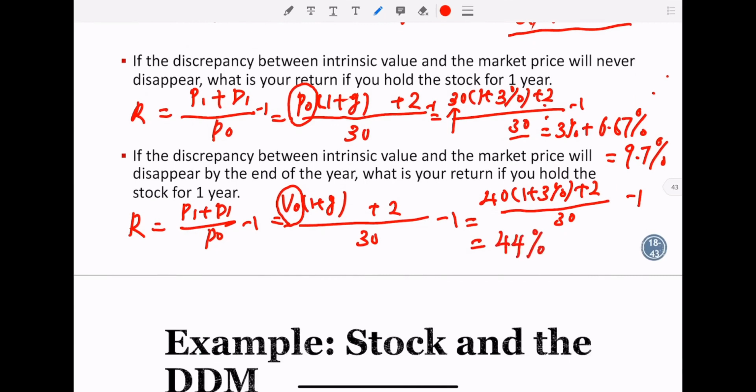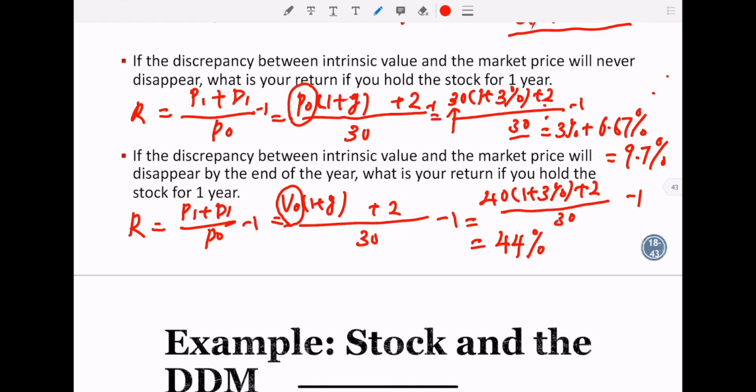So you can see that whenever you're doing this stock valuation, if you find an undervalued firm and you make the purchase, it's very important to understand your holding period return. Your return will depend on whether the market price will converge to the intrinsic value, right?